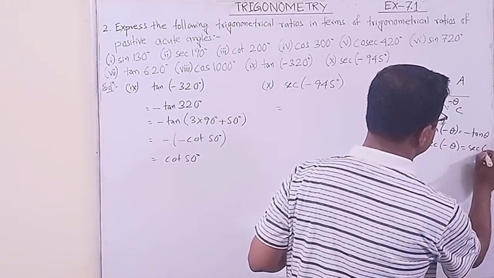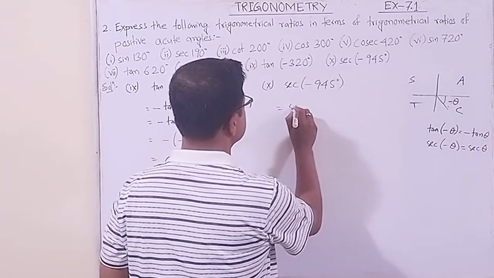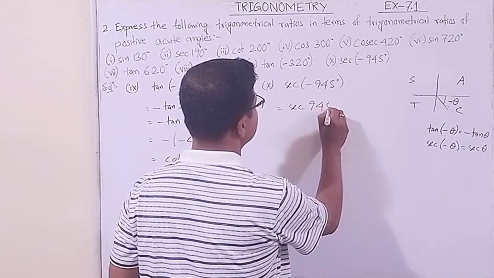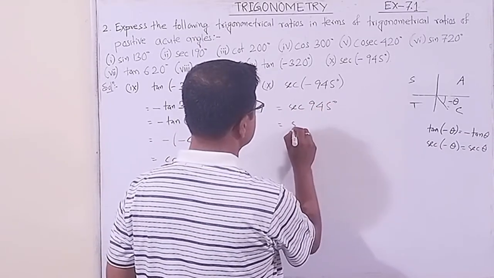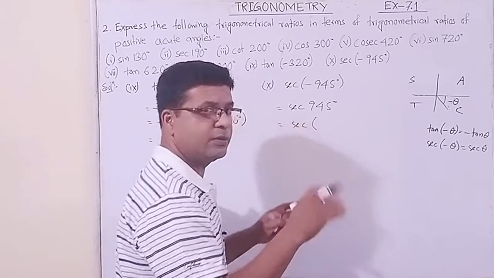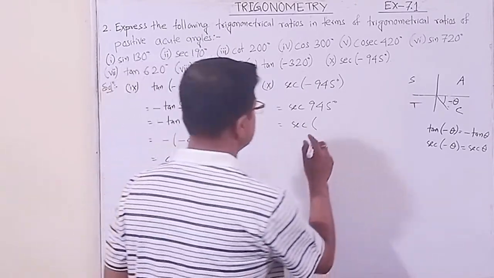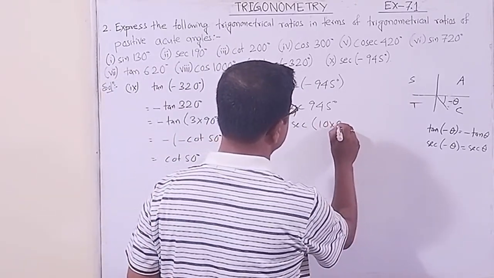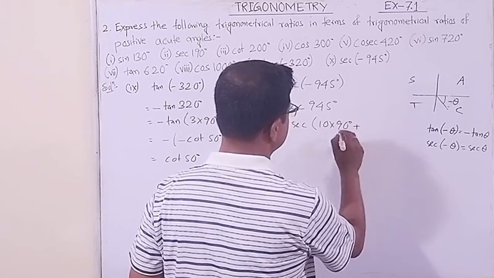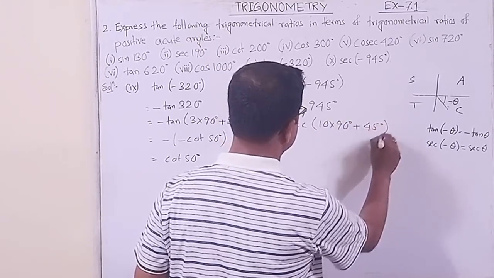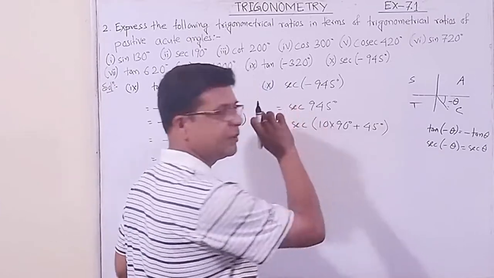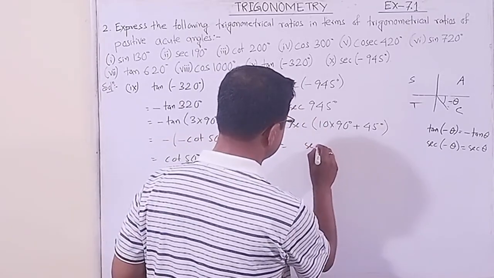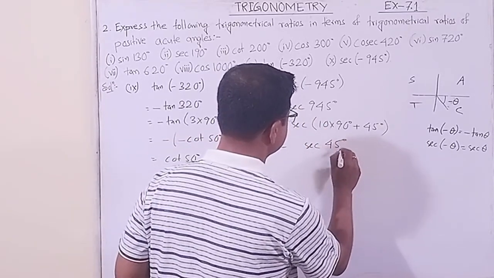So this is sec of theta, that is sec of 945 degree. Let us convert into 90 degree. So that is 10 into 90 degree, 900 plus 45, right? So this is an even multiple of 90 degree. So sec will remain as sec.